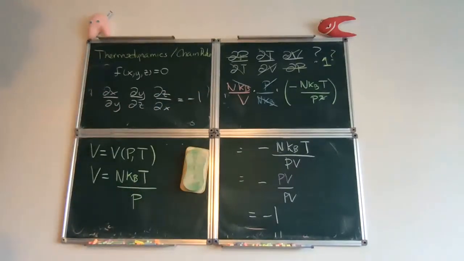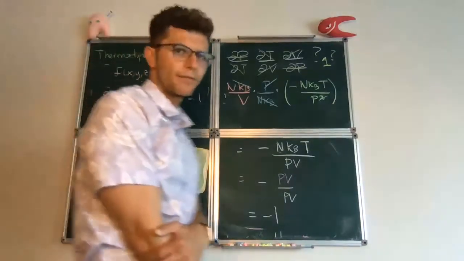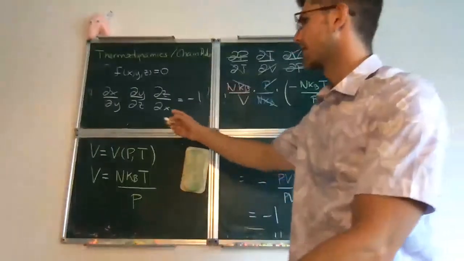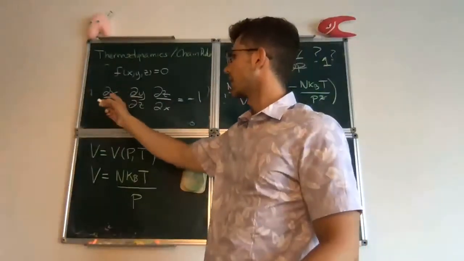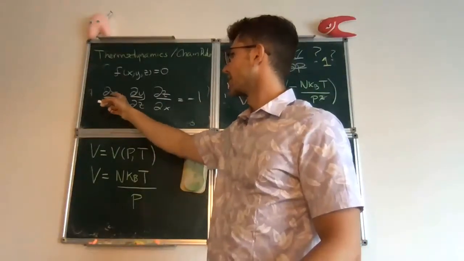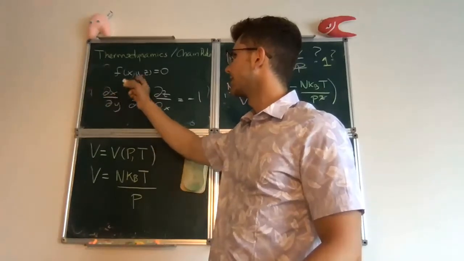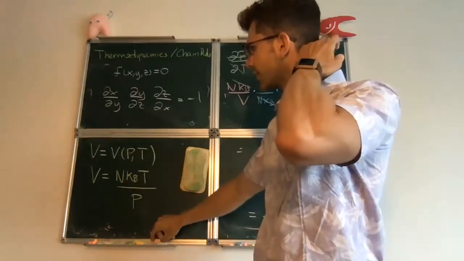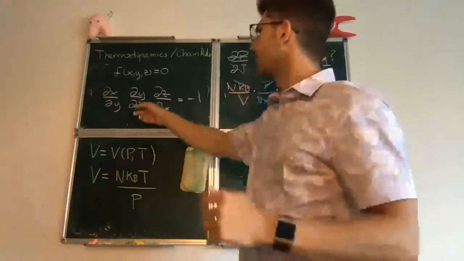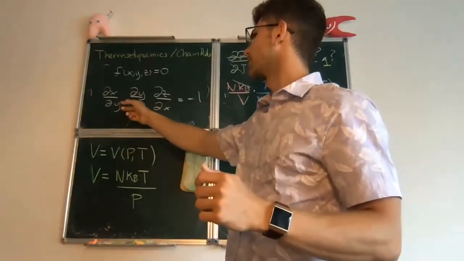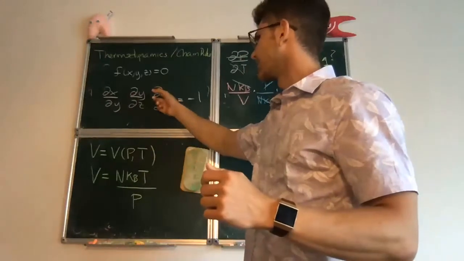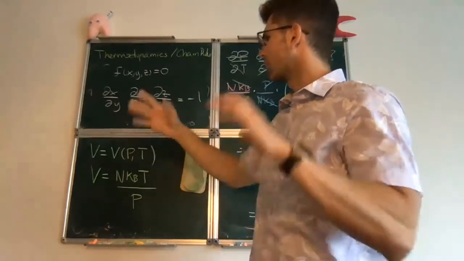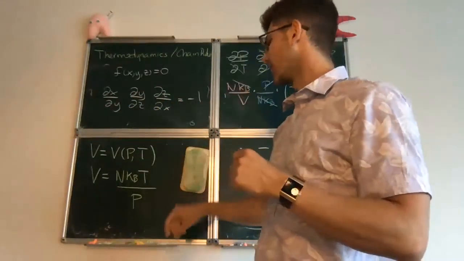But the issue is that you have to be careful when you write something like this, because this means consider x as a function of y and z. So this partial derivative really, and then this means consider y as a function of x and z, consider z as a function of x and y, and compute the corresponding partial derivatives.